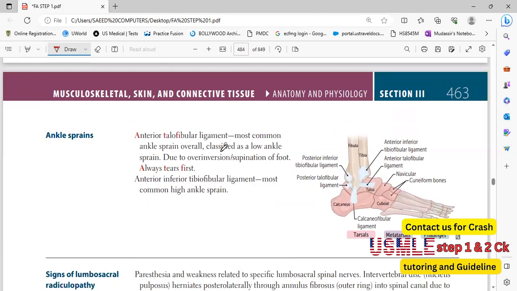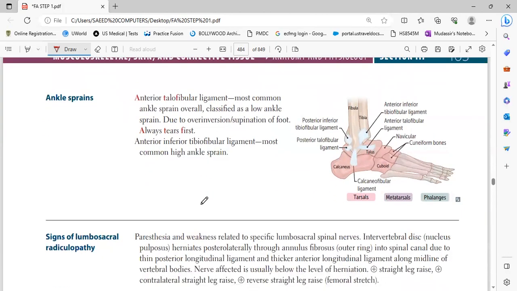Then are the ankle sprains. Here MCQs were given. Anterior talofibular ligament is the most common ankle sprain overall, classified as a low ankle sprain. Okay, so this is the anterior talofibular ligament. You will remember it.